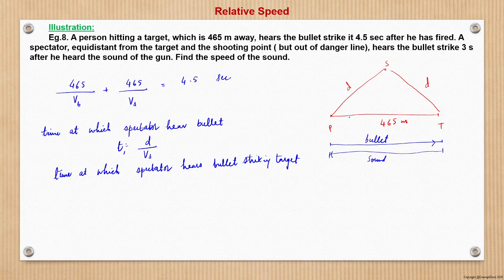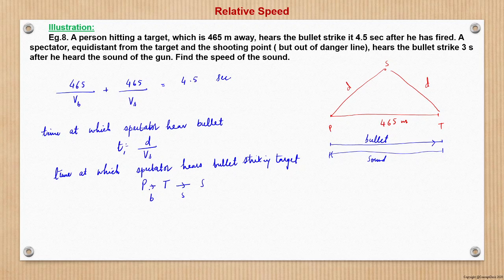What is the time after which the spectator will hear the bullet striking the target? In that case, the bullet will first travel from P to T, movement by bullet, and then from T to S, movement by sound, right? This is the total path traveled.